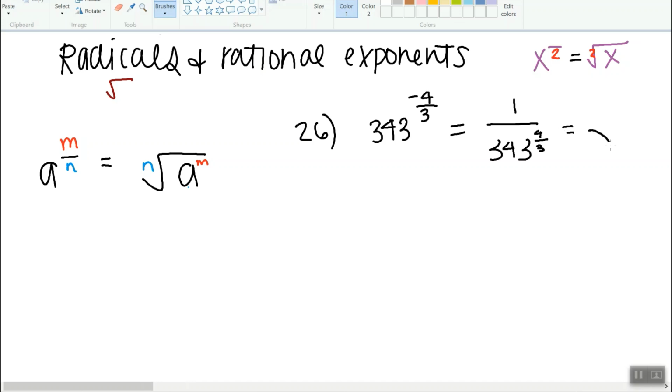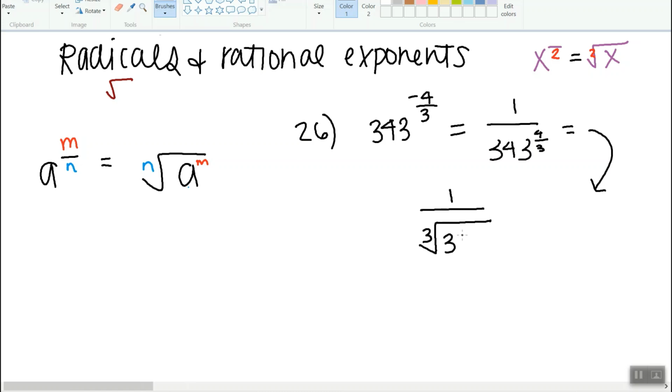So I'm going to hop down here to the next line so I don't feel like I have to write so teeny tiny. I'm going to go ahead and change this to radical form. So I'm keeping the 1 on top. I'm going to go a little bit quicker here since we just practiced all those.